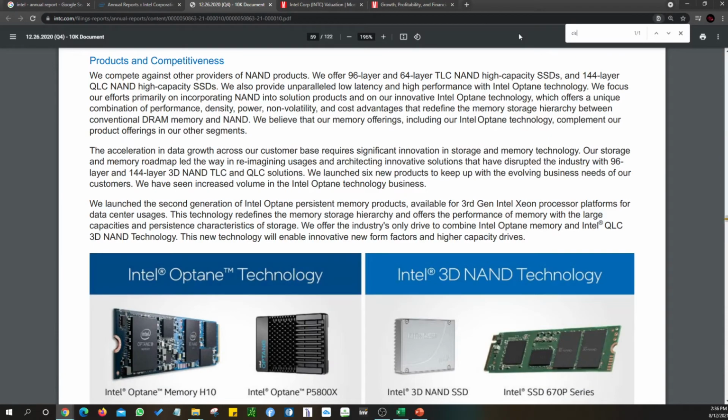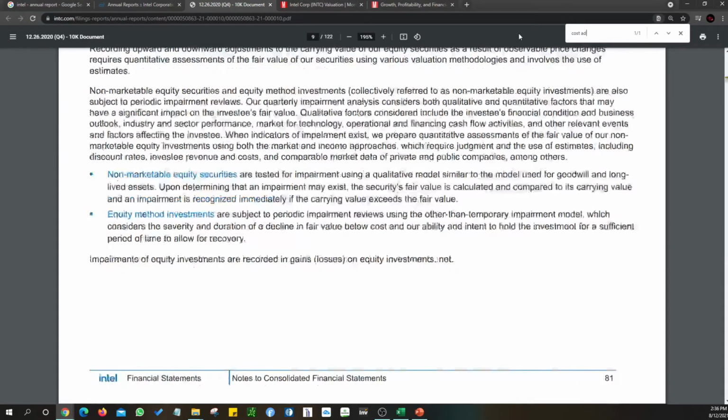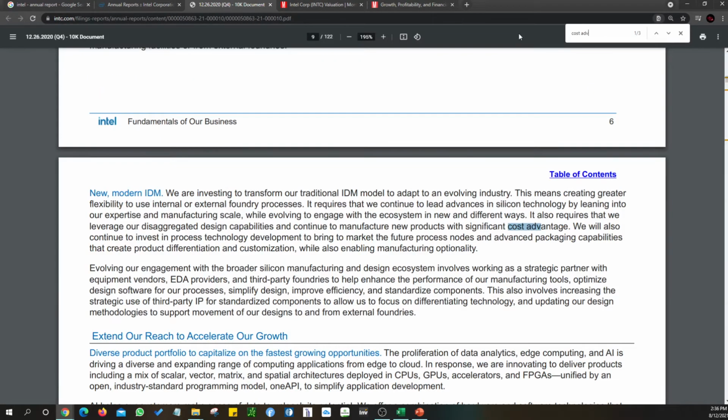So let's look at other cost aspects. So yes, this company already requires that we design capacity and continue to manufacture new products with significant cost advantage. It's so direct.